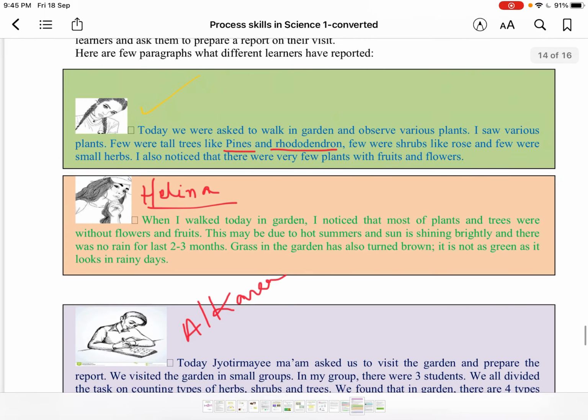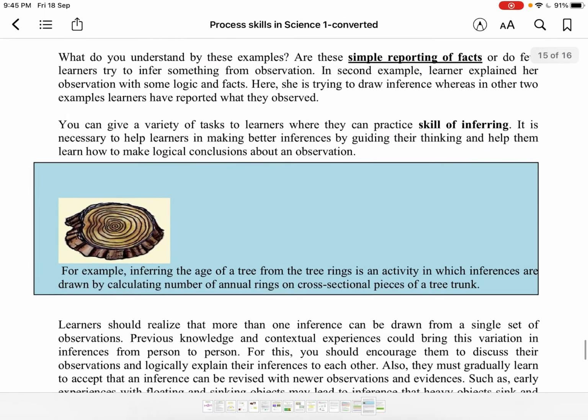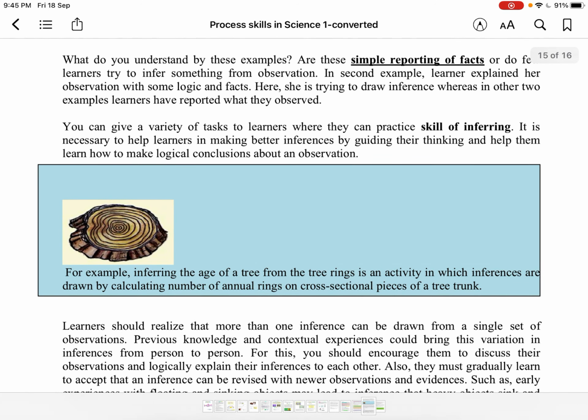So in all these 3 examples, basically all these are reporting acts about the facts. They found certain facts in the garden and they are writing them. They are communicating also by writing a report.